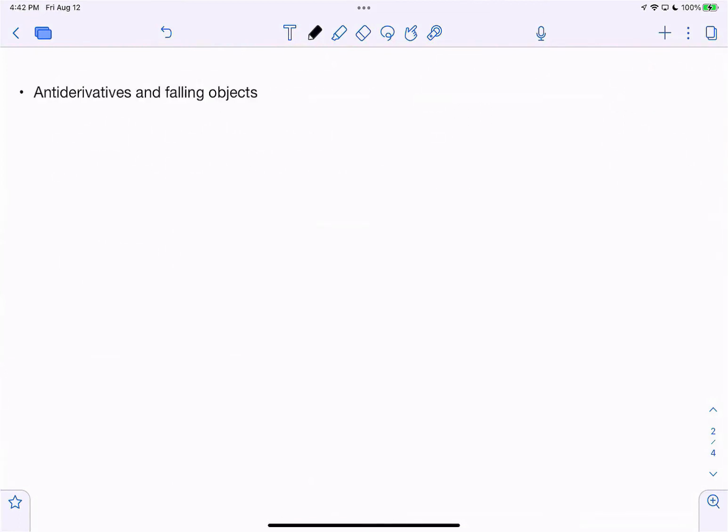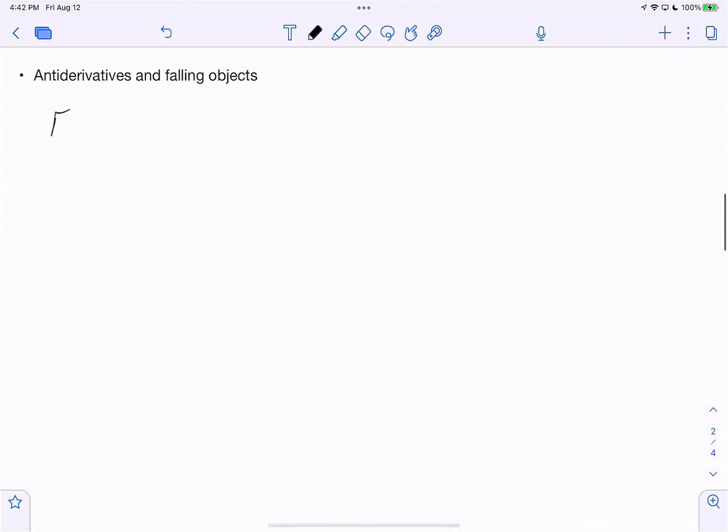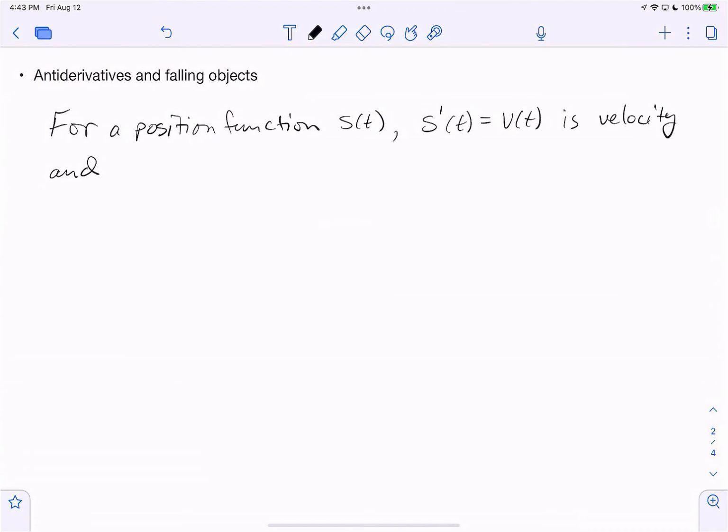As you may recall from a previous video when we first saw derivatives, if I have a position function s, then its derivative s prime is the velocity of whatever's moving, and the second derivative, s double prime, is the acceleration of whatever is doing the moving.